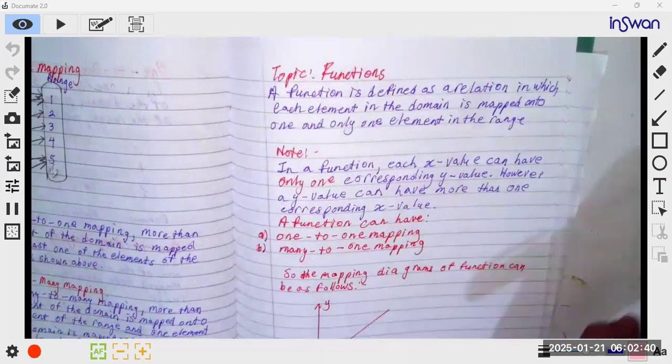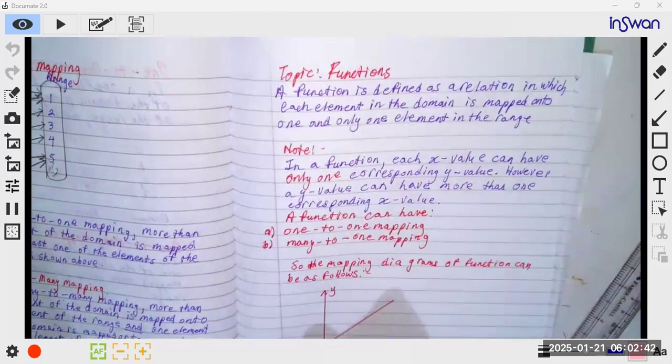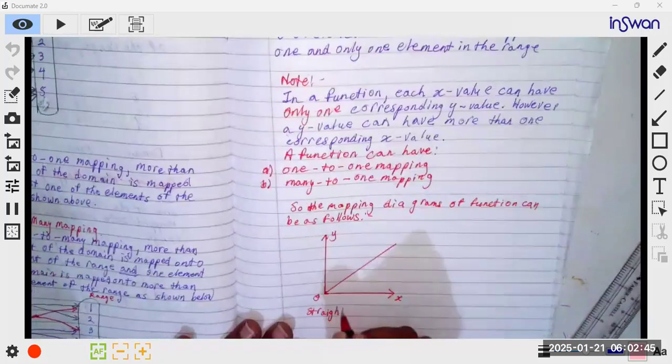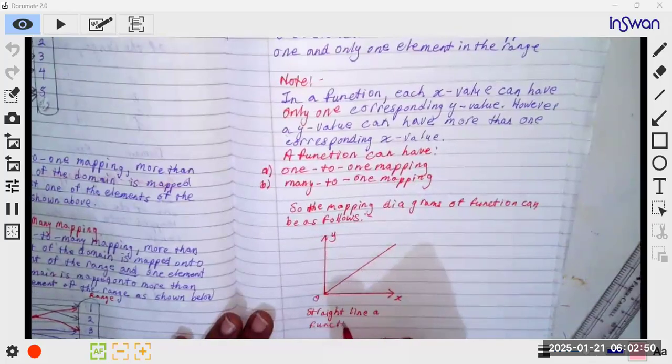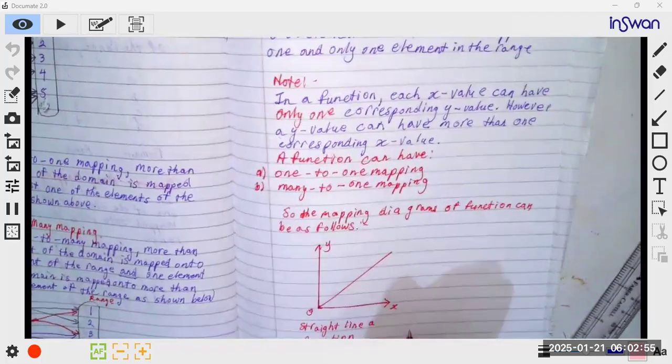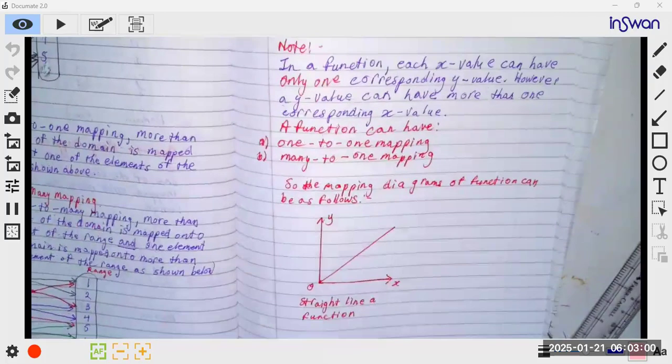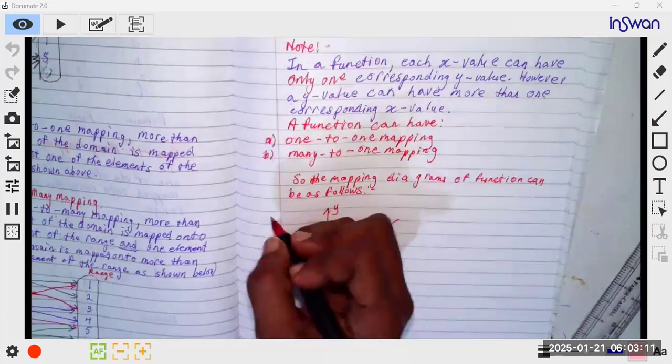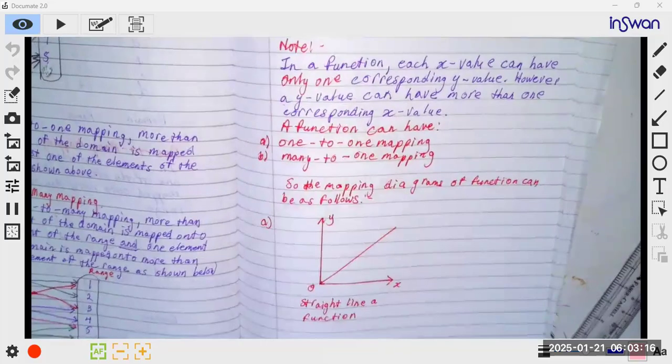A straight line can be a function. The next thing that can be a function will be what we term a quadratic graph or a parabola. These are all functions. So this is A.